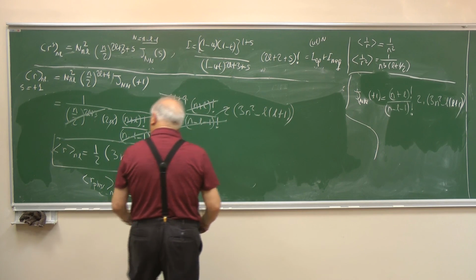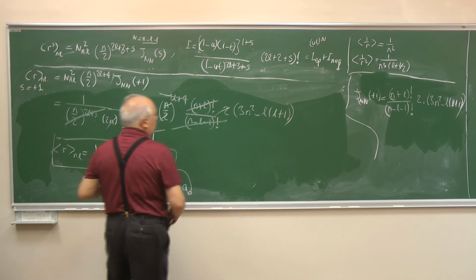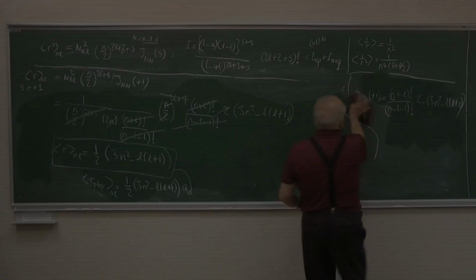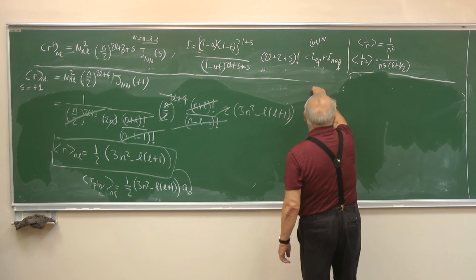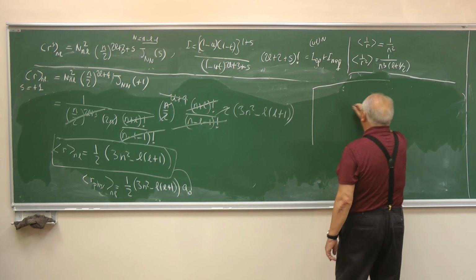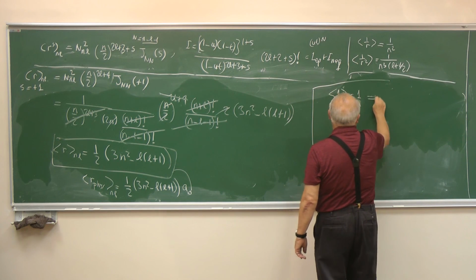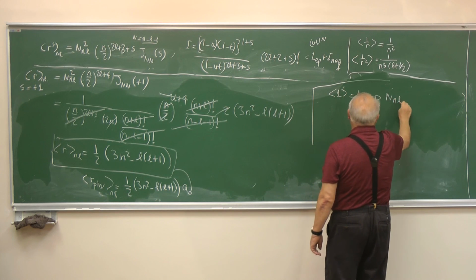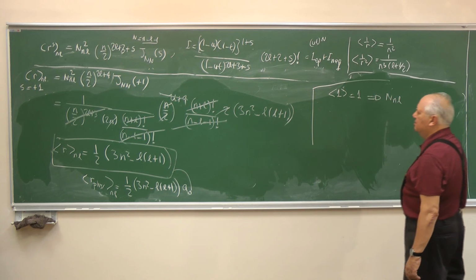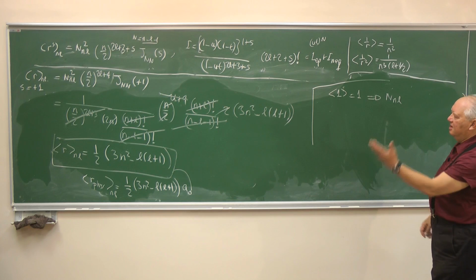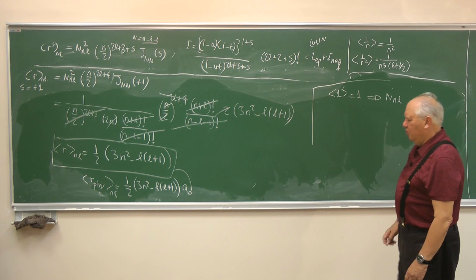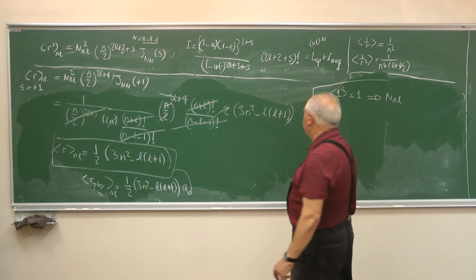All right, let me erase this one and write our results. So, the average of 1 is 1, from which we obtained the normalization constant for n and L, which was the same as we obtained using the recursion relation.